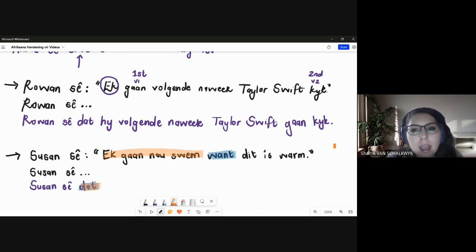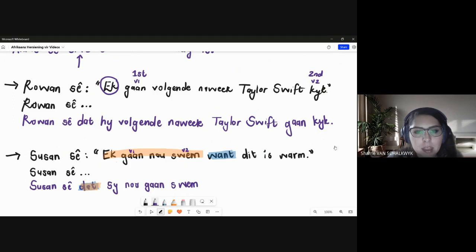Then we have a want. That's a different group, a different conjunction. So say dat, sy. Then we have gaan as our verb 1, swim as our verb 2 there. Dat sy nou gaan swem.